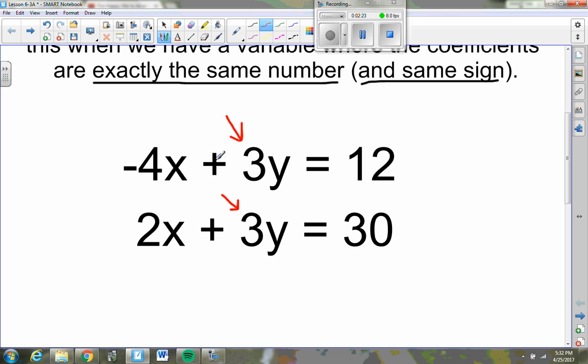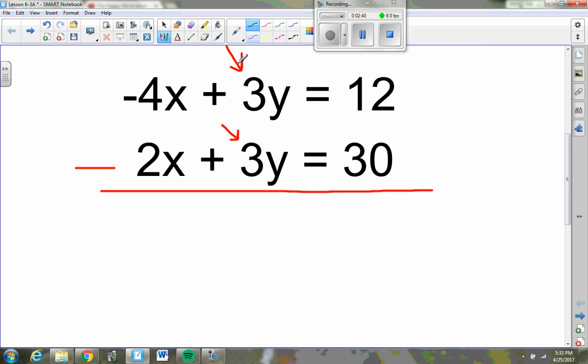Both of these are plus signs, so they are exactly the same number. They're both positive 3. Same sign, same number, they're exactly the same. In this situation, what we do is we subtract every piece of these two equations. Okay, and what that looks like is we take the number in front of the x's and we subtract them, then the number in front of the y's, and then the numbers here at the end.